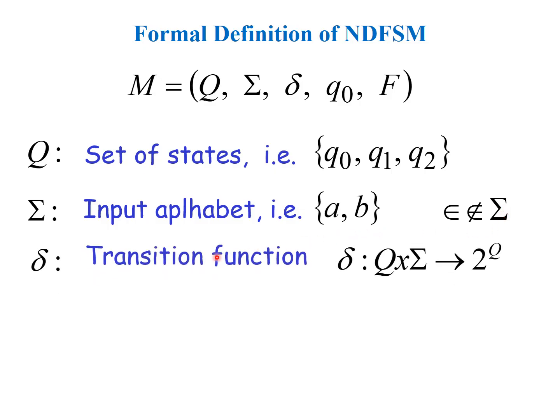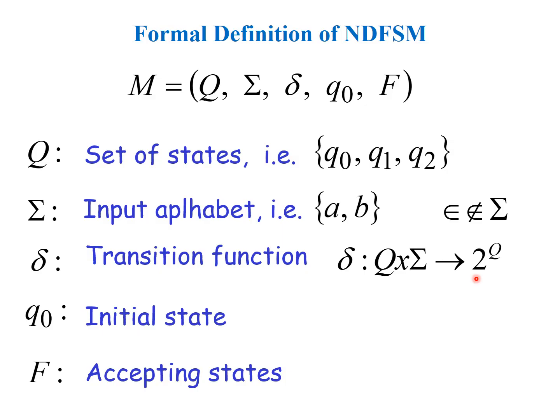Then, what is the transition function? As I told, the transition function differs from DFA. In DFA, it is Q cross sigma to Q, whereas for NDFSM, it is Q cross sigma to the power set of Q. This is the main technical difference with DFA. The rest of the notation remains the same: Q naught is the initial state and F is the accepting state.